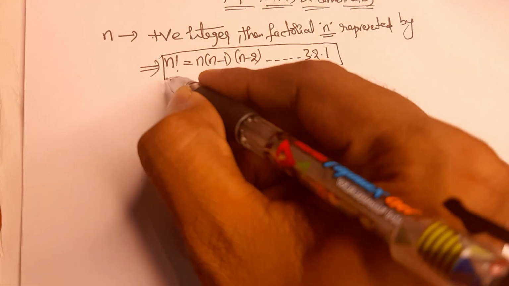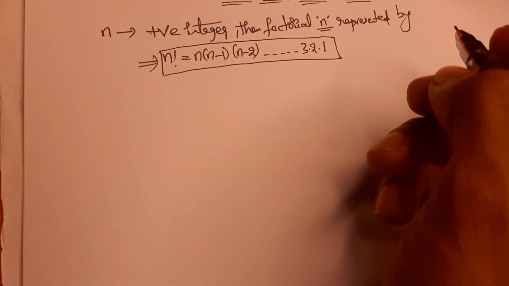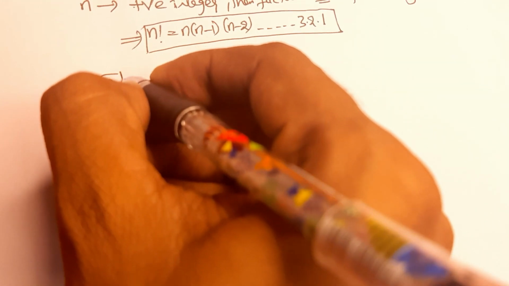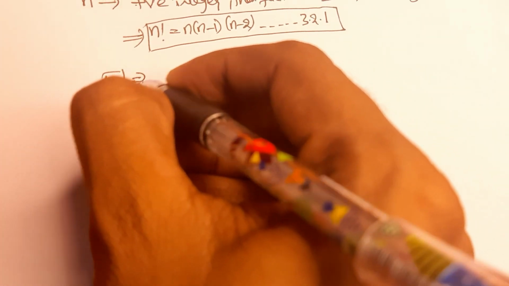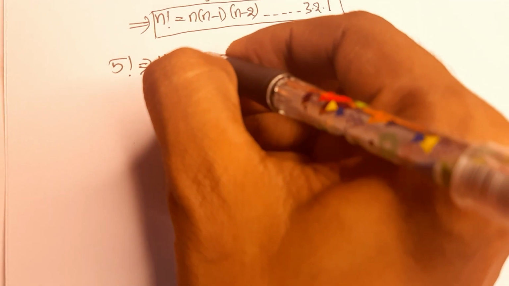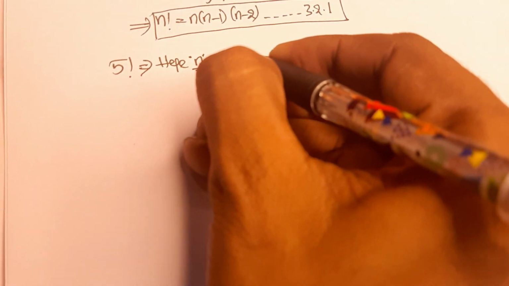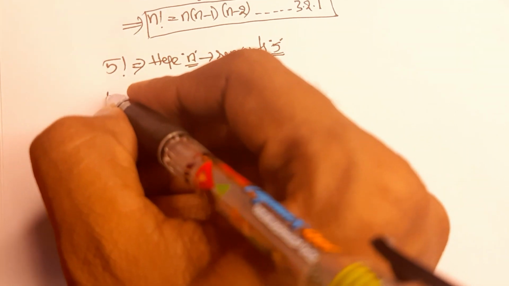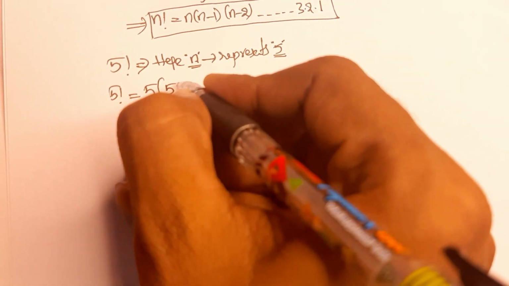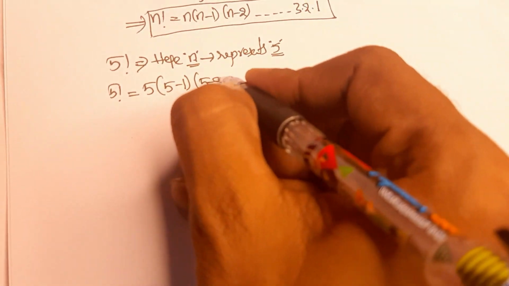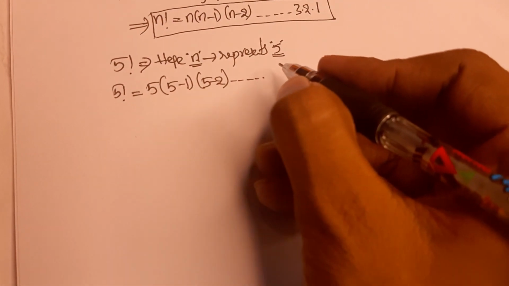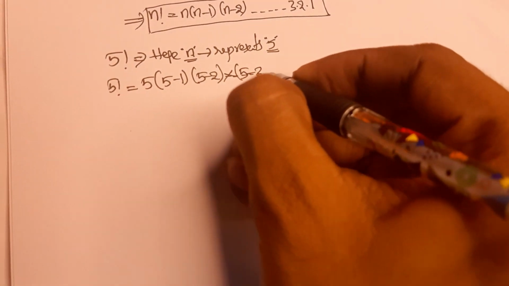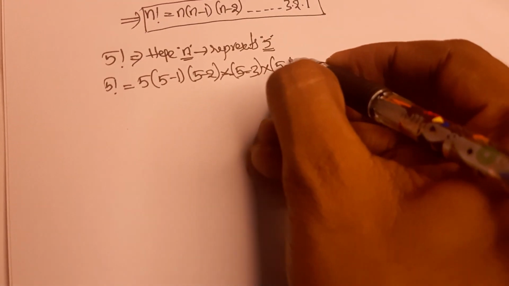Let's see one simple example for n factorial. If you take 5 factorial, how can you write it? Here n represents 5. So 5 factorial is 5 into (5 minus 1) into (5 minus 2) into (5 minus 3) into (5 minus 4).